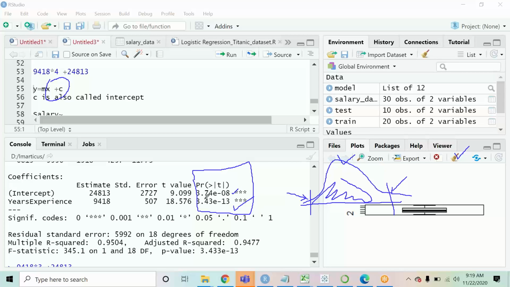Now, are these two p-values less than 0.05? Please take a look at it. This is 3.7e-08 and this is 3.43e-13. Is it less than 0.05 or more than 0.05?